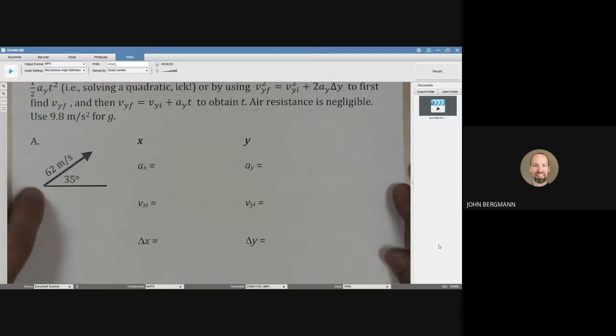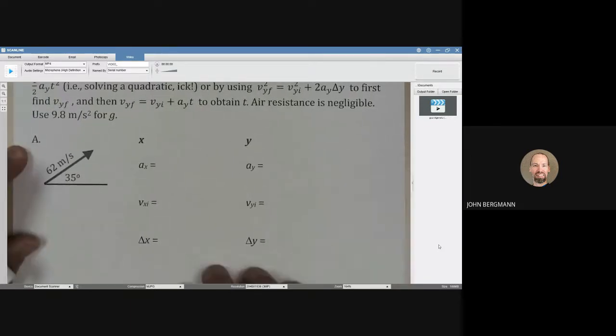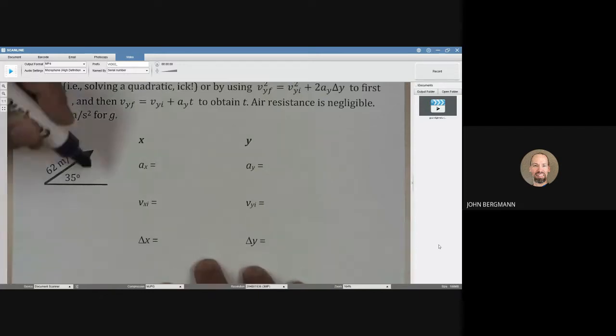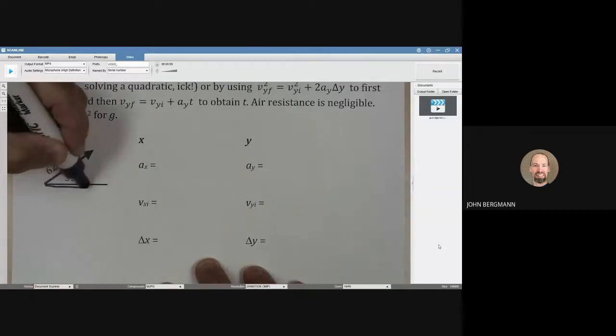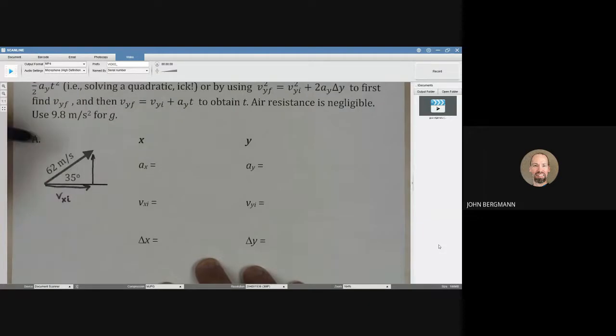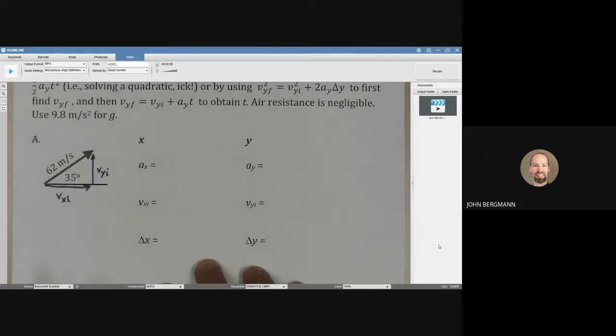We're launching something at this initial velocity. The first thing we always do is we find the x and y components initially of the velocity, Vxi and Vy initial. Or if you want to put a naught symbol there, you can do that.